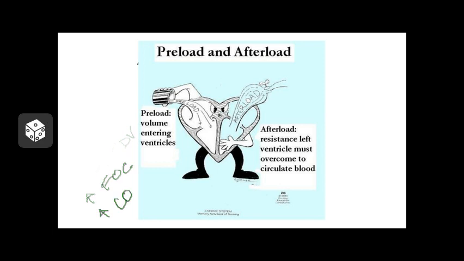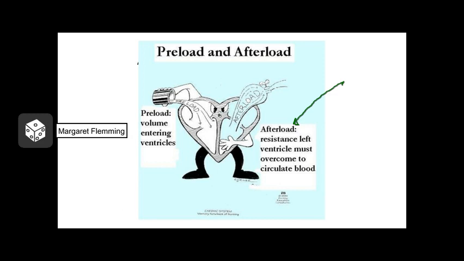Now, let's look at afterload. Afterload can also influence cardiac output. Basically, afterload is a function of there being resistance to flow coming out of, in this case, the left ventricle.